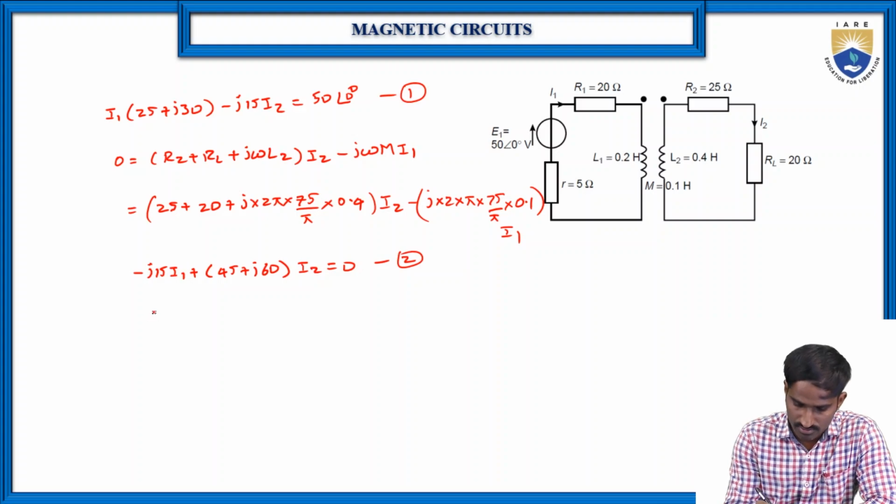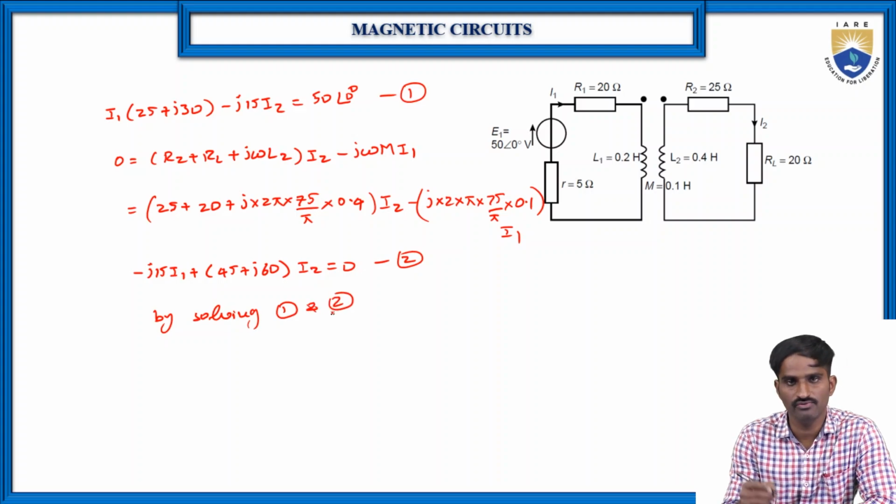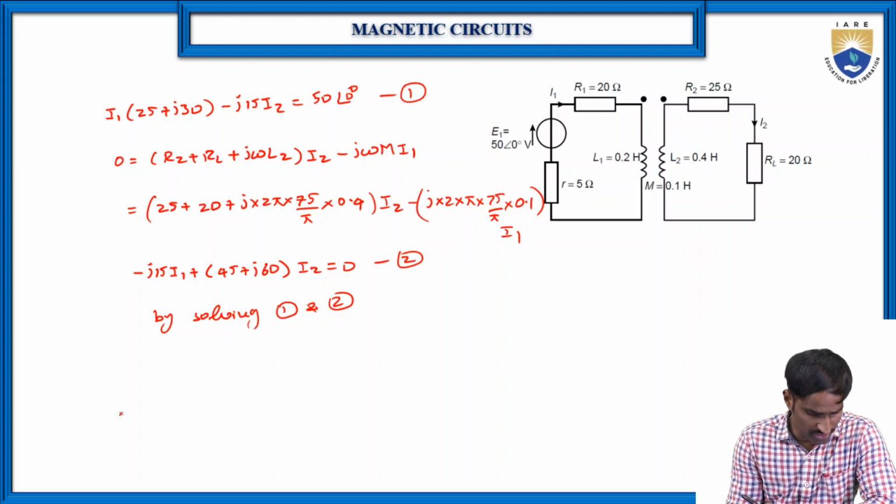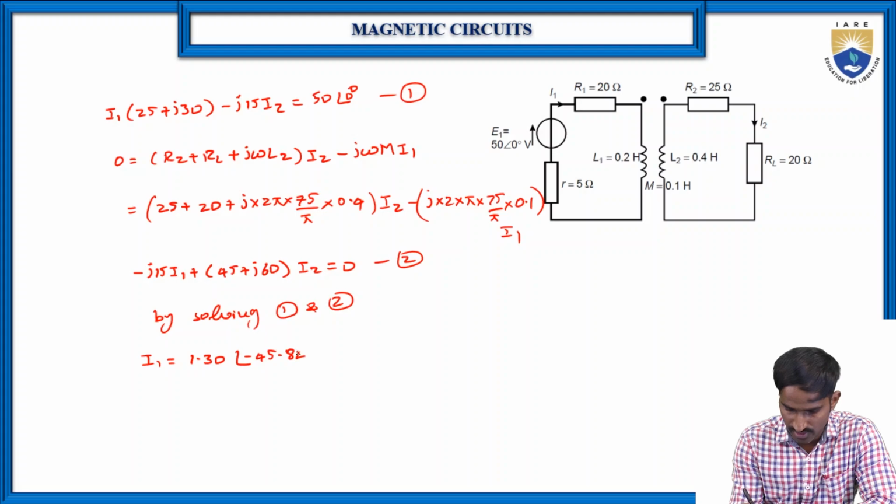The same way, by solving equation number 1 and 2, we can find the values of I1 and I2. Let me write here, because I have already calculated the values of I1 and I2 using the calculator. So I1 value is equal to 1.30 at an angle of minus 45.84 degrees, and I2 value is equal to 0.26 at an angle of minus 8.97 degrees amperes.